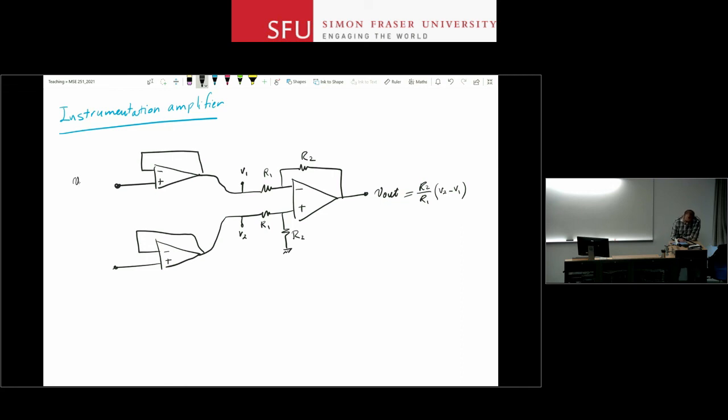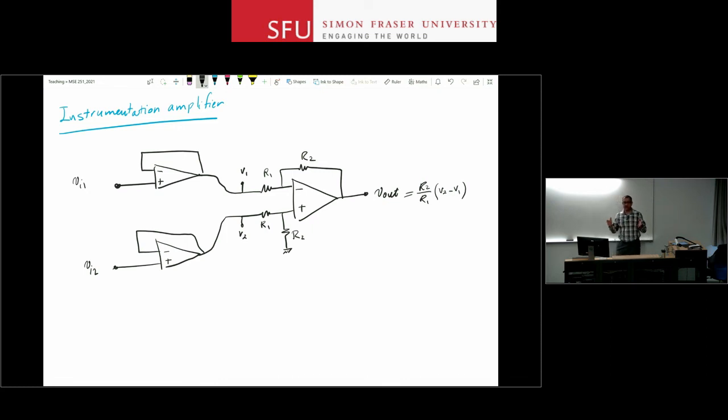So now these two can be VI1 and VI2. I get them from anywhere in the circuit. What the two buffers over there do is that they take those signals regardless of the source impedance and put them at those nodes at the input of the difference amplifier, and then the difference amplifier sees a zero impedance source, the output of the two OpAmps before it, and then just V1 and V2 therefore, and then amplifies them and produces the output as shown over there.